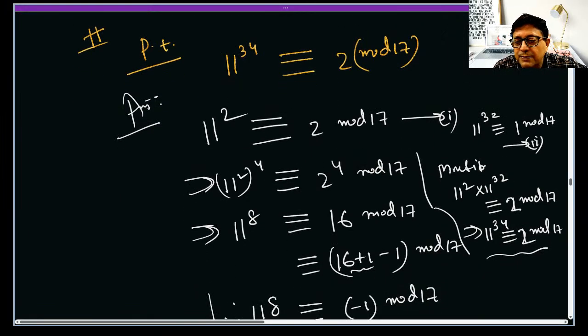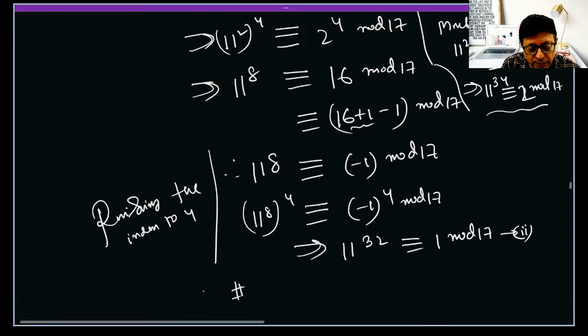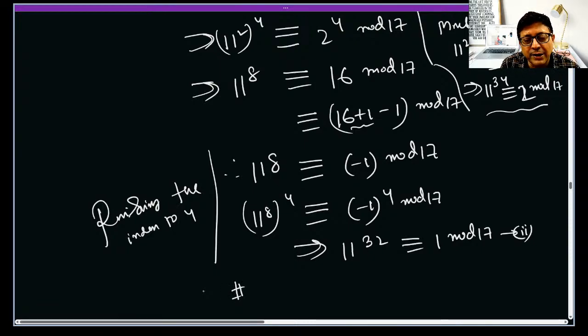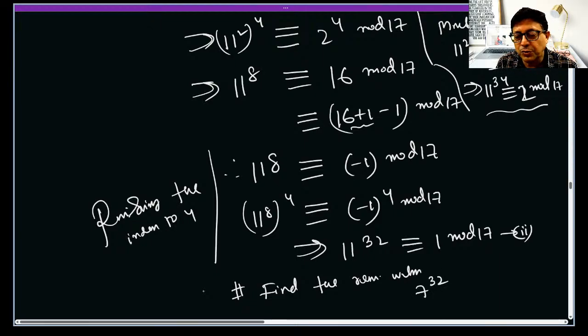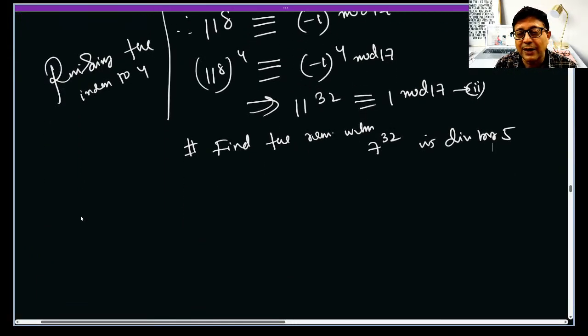Just take one sum for practice before I share the documents with you. Prove this at home, or find the remainder when 7 to the power 32 is divided by 5.